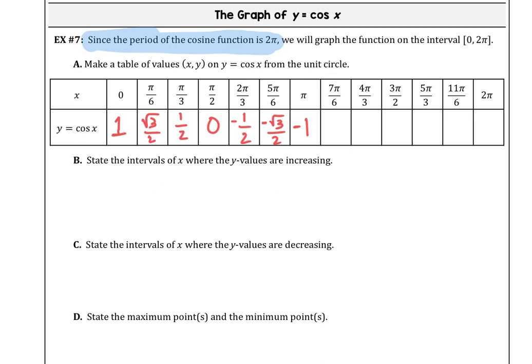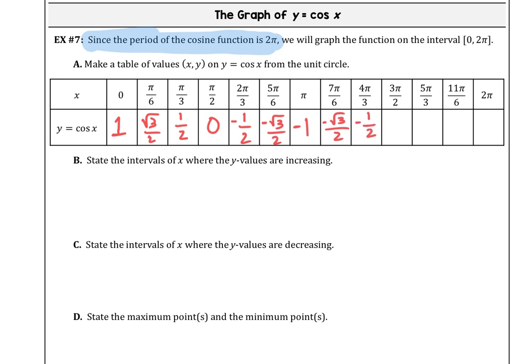This also has a range of negative 1 to 1, just like the sine function did. And so when you think back to the unit circle, 7 pi over 6 has an x coordinate of negative root 3 over 2. And then 4 pi over 3 has an x coordinate of negative 1/2.